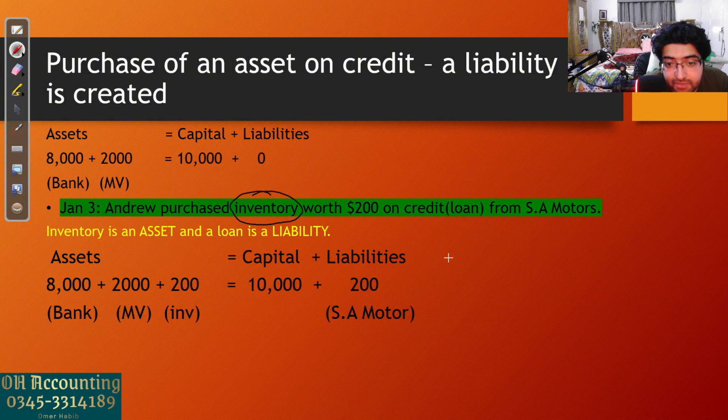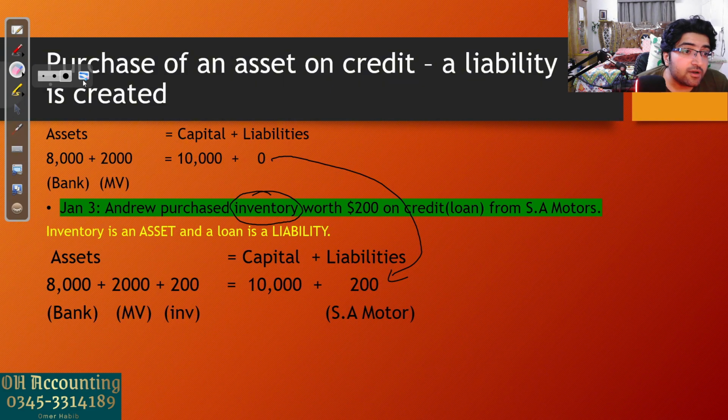Capital is still same because no further money was invested by the owner in the business. Did he invest anything in the business in this transaction? No. So capital is the same, but now liabilities have increased from 0 to 200 because we have taken a loan of $200 from SA Motors, and I have mentioned that in brackets below.